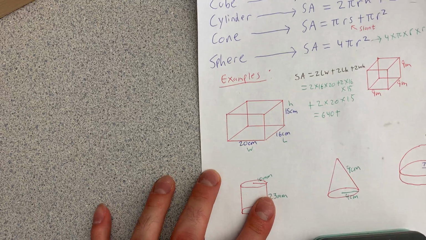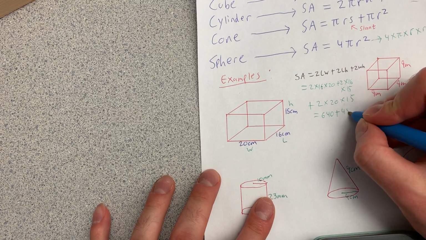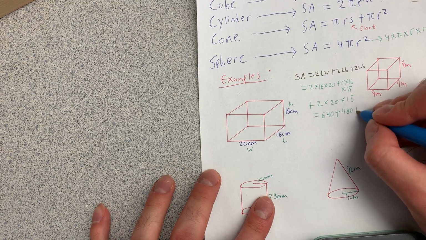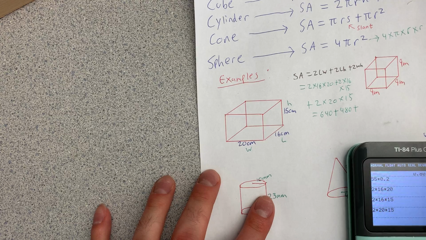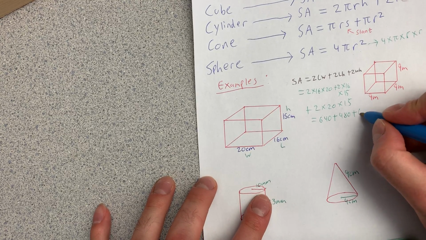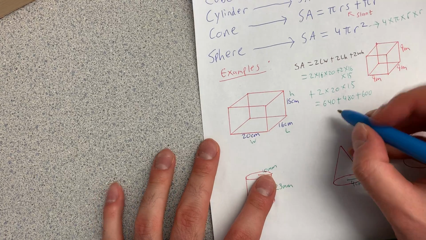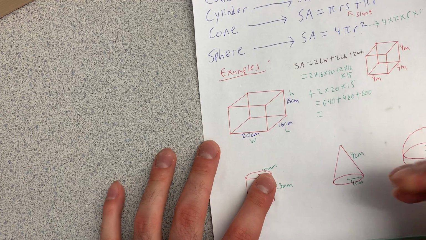I get 480. And then for the last product there, I'm going to have 2 times 20 times 15. I get 600 even. Now I just have to add those 3 numbers together.